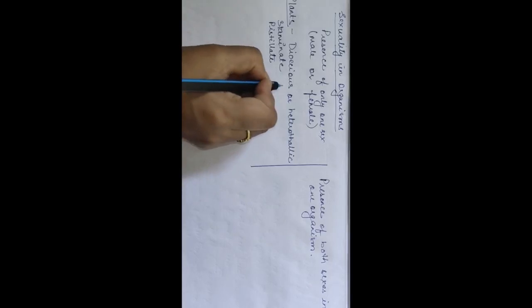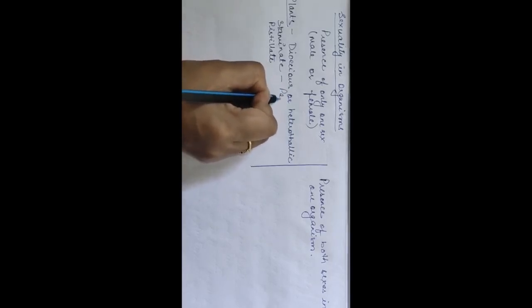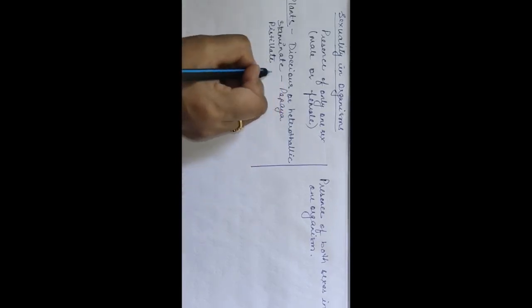Here by male flowers and female flowers, I mean the presence of stamens and pistil. So in plants, the presence of only one sex organ, either male or female, categorizes the plants into either staminate or pistillate. These types of plants are called dioecious or heterothallic, meaning the plant body is different for different sexes. The example for a staminate type of plant is papaya, where male and female plants are different, and for pistillate it is corn.